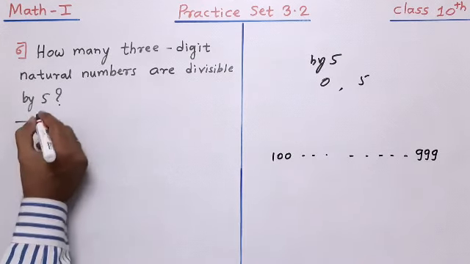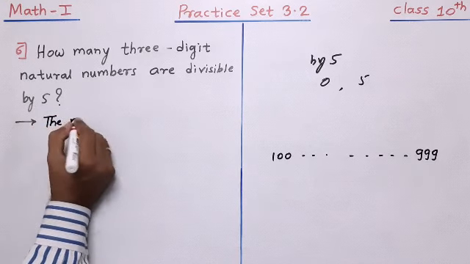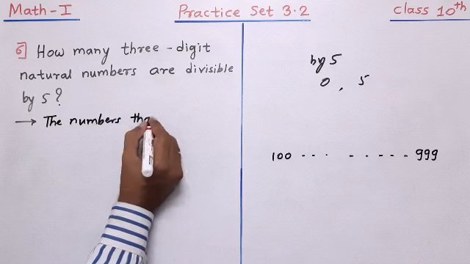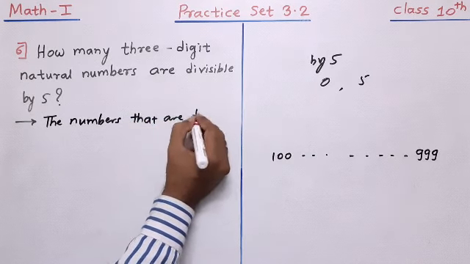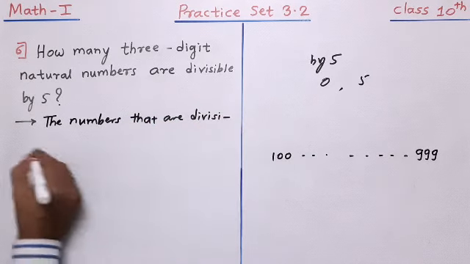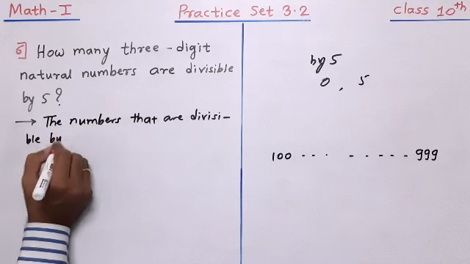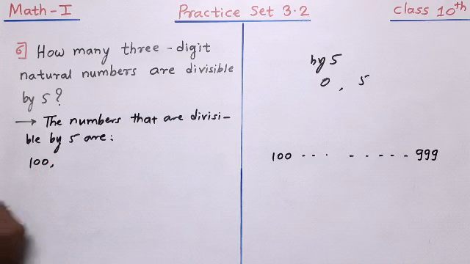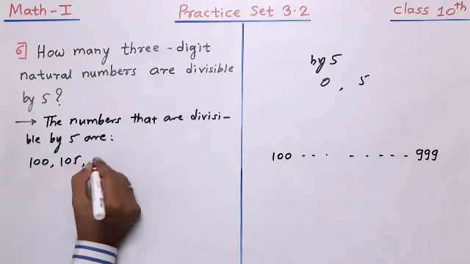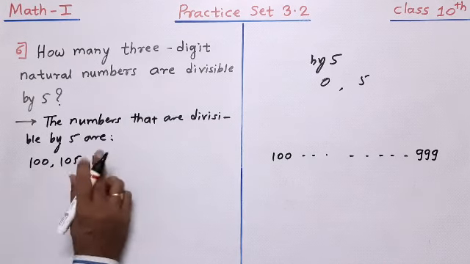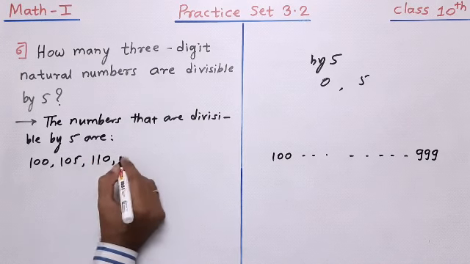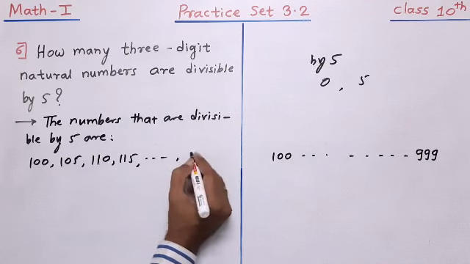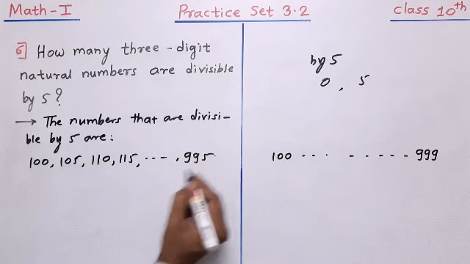Now let us write here the numbers that are divisible by 5: first number is 100, second 105, the next number is 110, next will be 115, dash dash dash, and the last number will be 995.